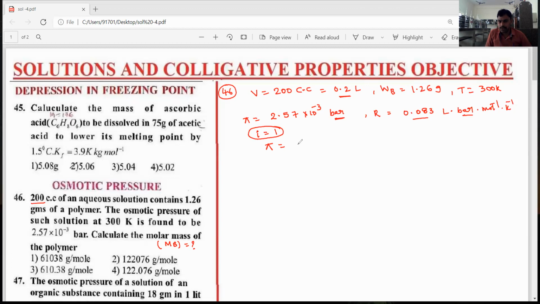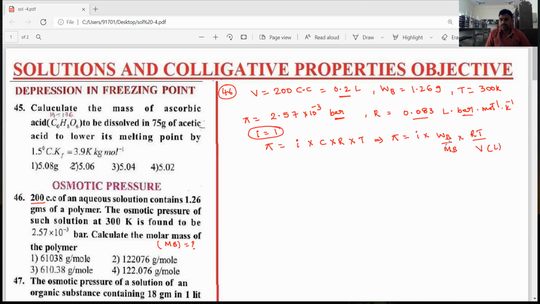So osmotic pressure pi is equals to i into CRT, where C means concentration, which is n by V, and n is weight by gram molecular weight of solute, into RT by volume in liters.